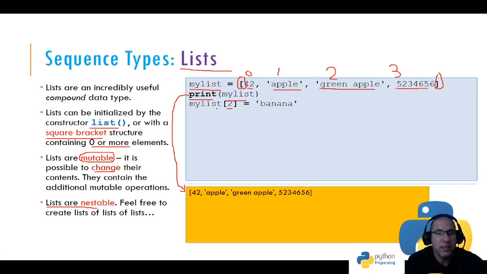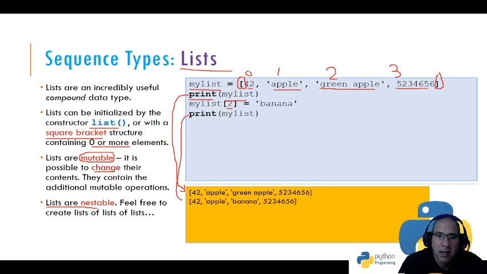I cannot do this, as we will see, for tuple, but I can do it for list, because list is the only changeable type out of the 3, I mean strings and tuples and lists. So if I print the list right now, I will get this. Notice that after this modification, green apple was changed to banana.